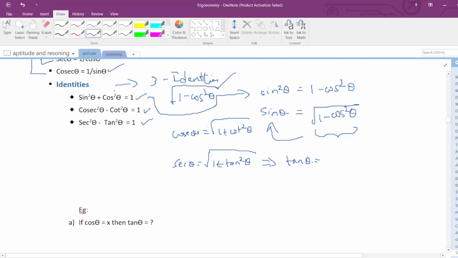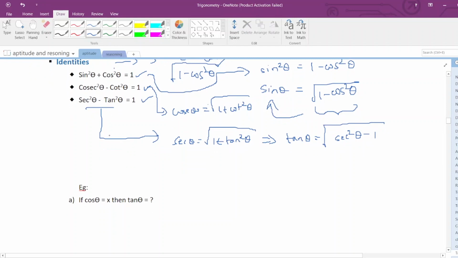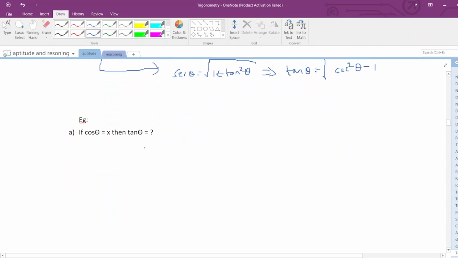So tan theta is equal to root over secant square theta minus 1. This is for the third identity. This is for the second identity. Just play with these identities so that you can understand. So let's try to understand the questions.